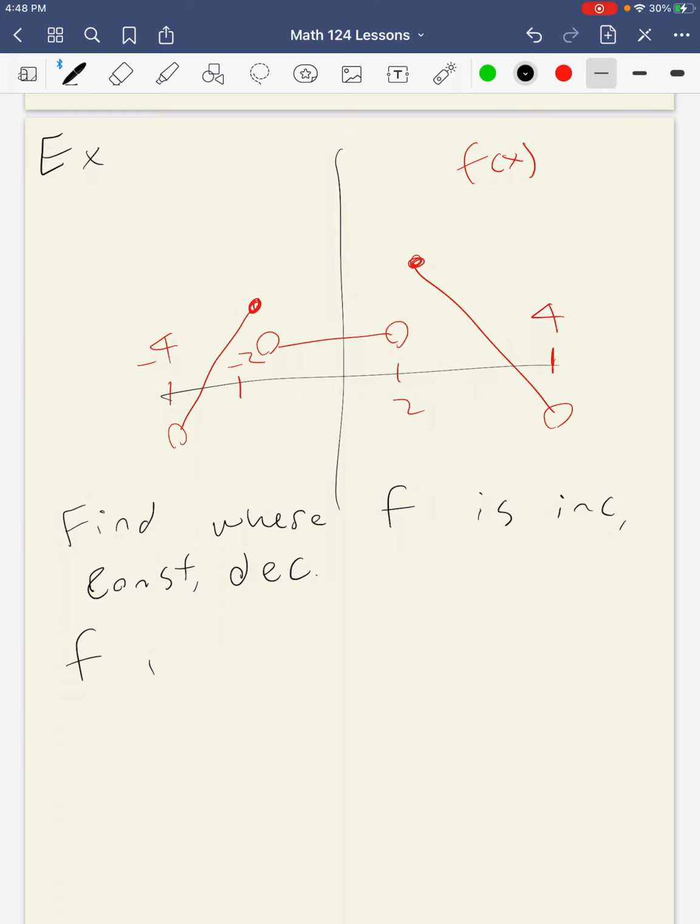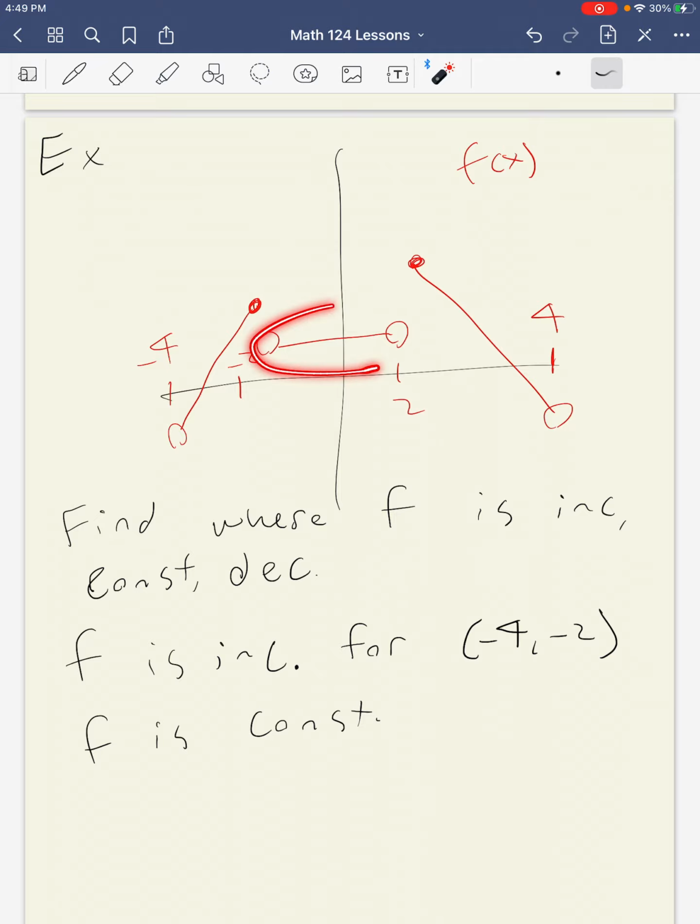So f is increasing for the x values -4 to -2. Now f is constant here where we have this horizontal line, so the corresponding x values are -2 to +2.